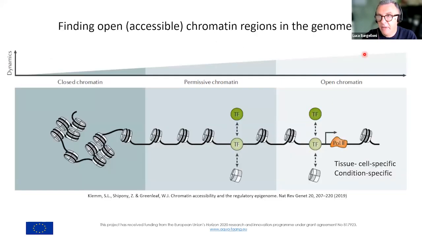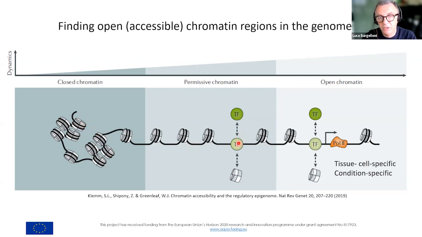How to find those elusive regulatory regions? There is a general rule in eukaryote and invertebrate genomes that if a gene is not working, is repressed, the chromatin, which is a structure of the genomic DNA plus a certain set of proteins, mainly histones, is closed, so it's not accessible.